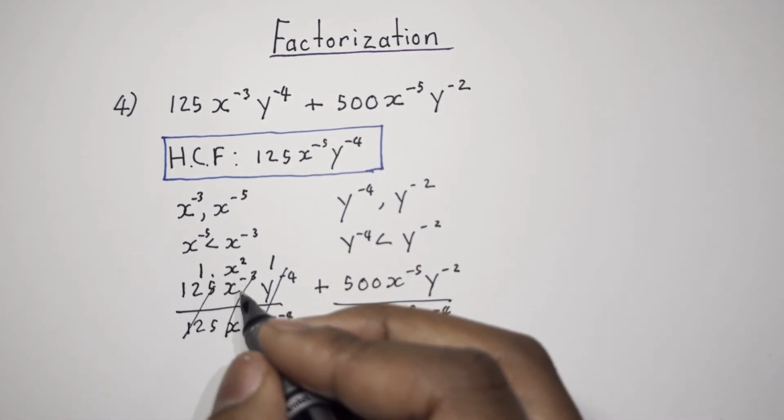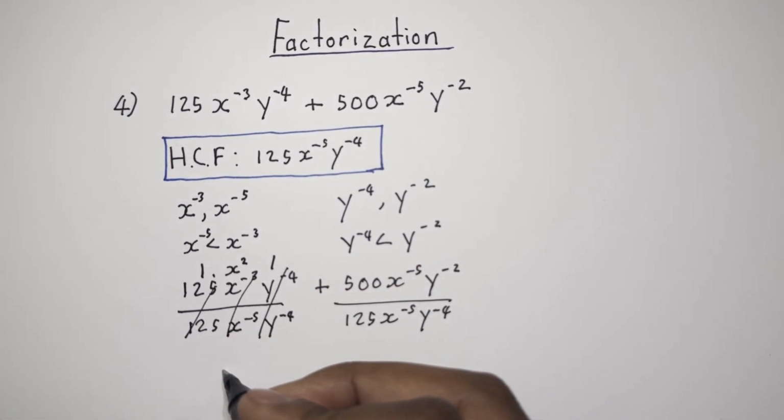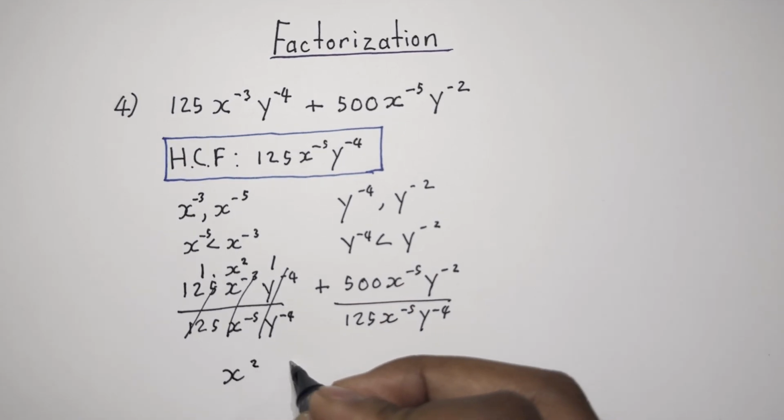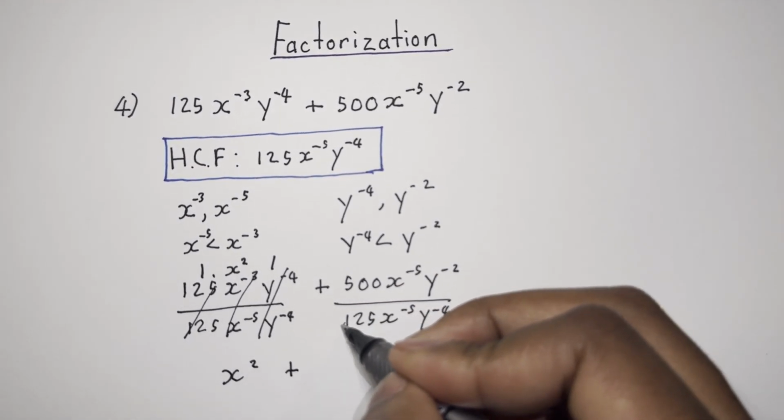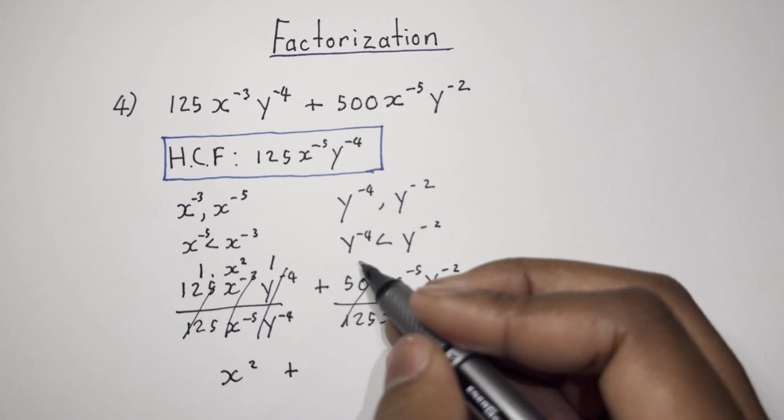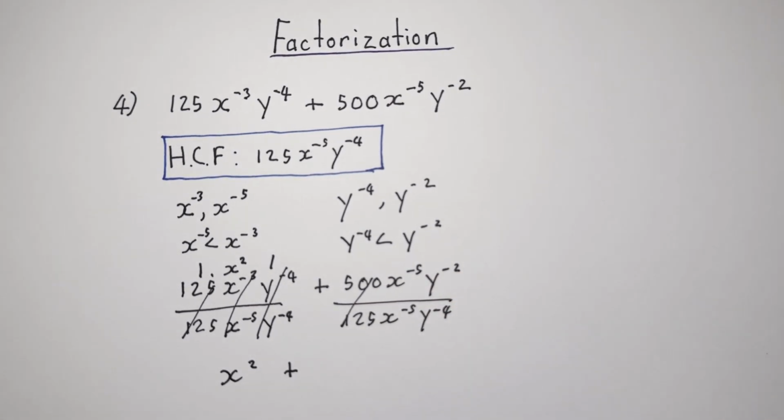So we're left with 1 times x squared times 1, which is x squared, plus 125 into 500. We can use our calculators, or we can do it mentally. And that's 4.